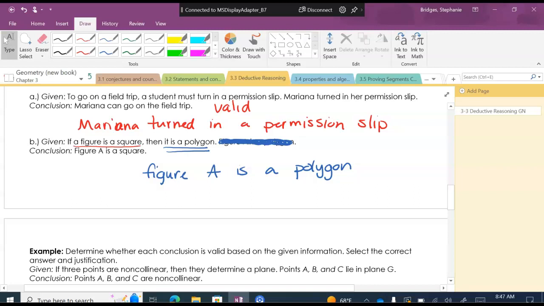If angle ABC is acute, then its measure is less than 90. That's true, and that's my statement. If this, then that. And then I say that angle ABC is an acute angle. What would you tell me? That's true. Valid.